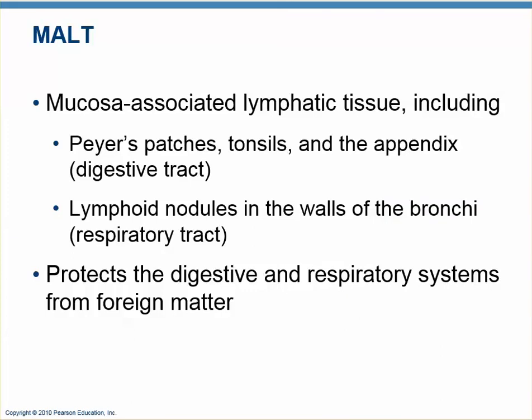Everywhere that there is a mucosa, so from the nose through the digestive tract, through the respiratory tract, all of the mucosa, so the area that's open to the outside but not skin, has got some diffuse lymphatic tissue or lymphatic follicles associated with it, and collectively this is known as MALT, which is mucosa-associated lymphatic tissue.